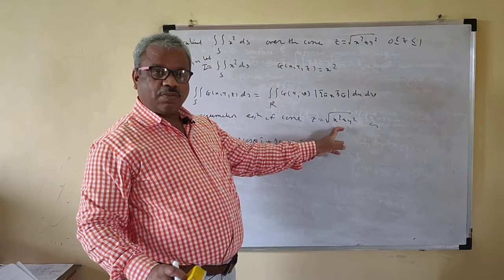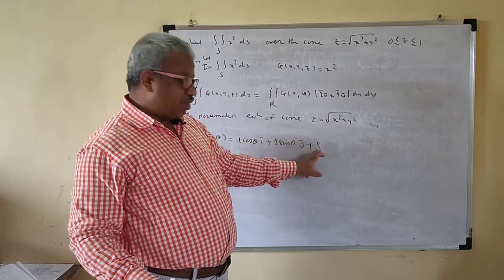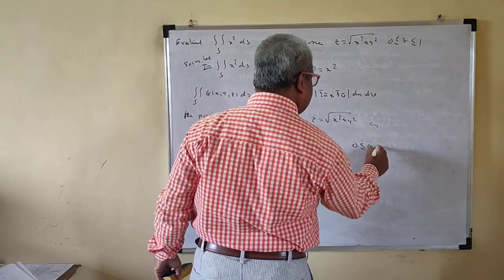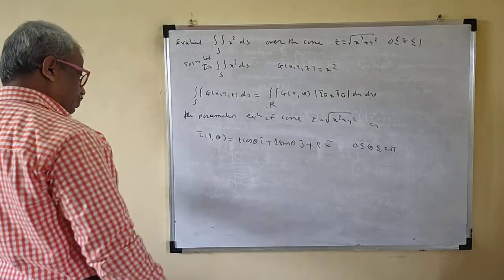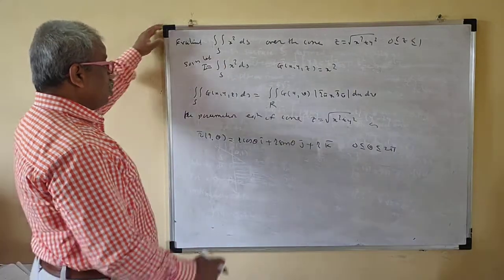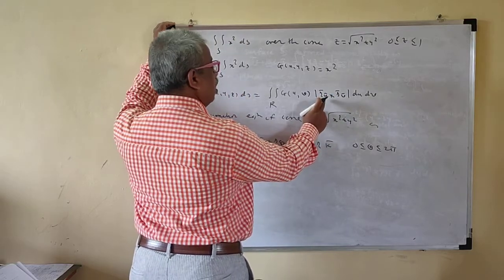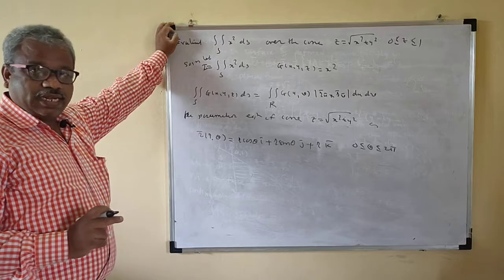If you take r square common, cos square theta plus sin square theta is 1, and root of r square is r. So the value of z is r, with 0 less than theta less than 2 pi. Now you have to change this formula: instead of u there is r and instead of v there is theta.